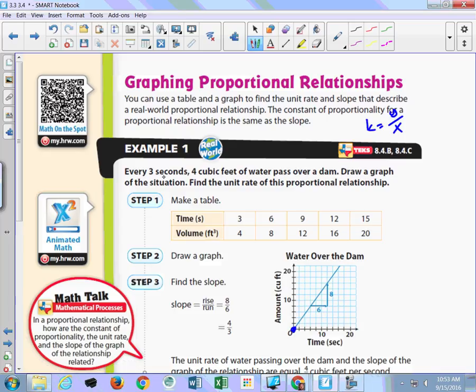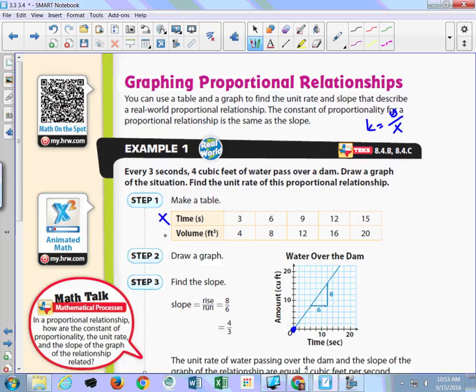So, every 3 seconds, 4 cubic feet of water pass over a dam. Draw a graph of the situation. Find the unit rate of this proportional relationship. So, if we make a table, I do every 3 seconds, 4 feet of water.